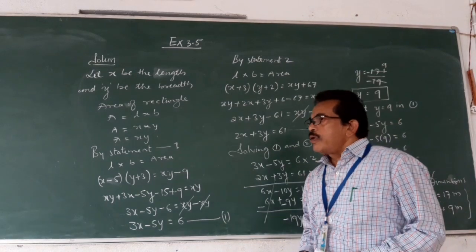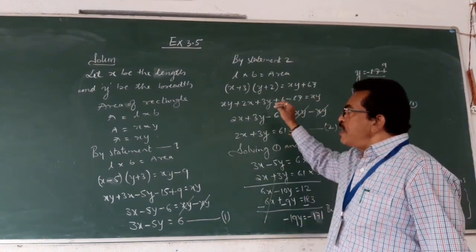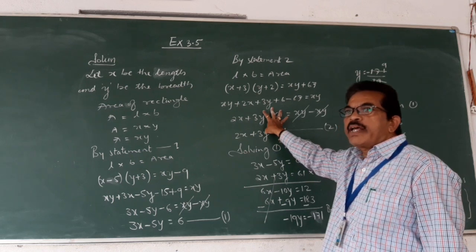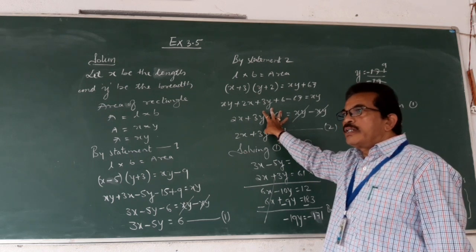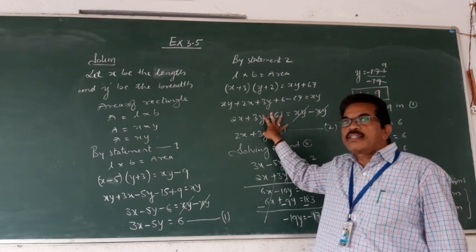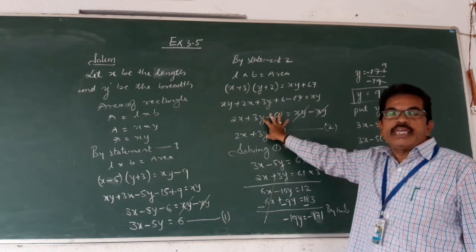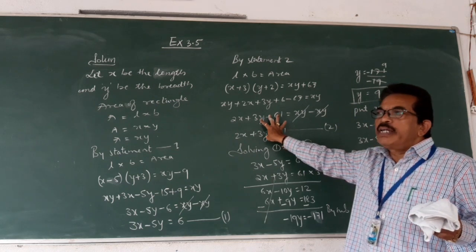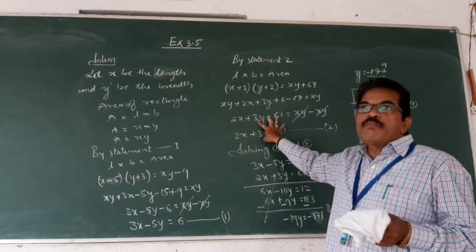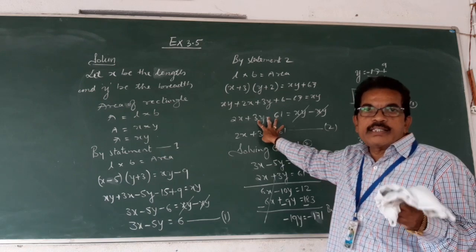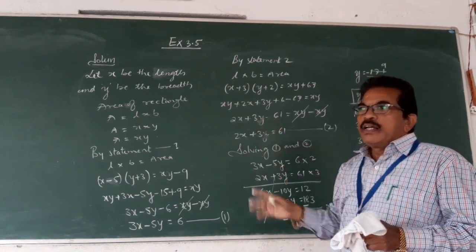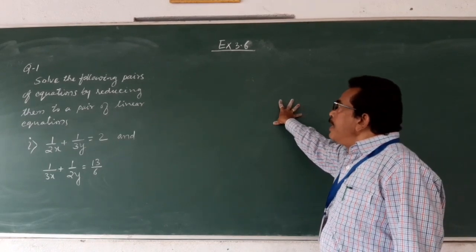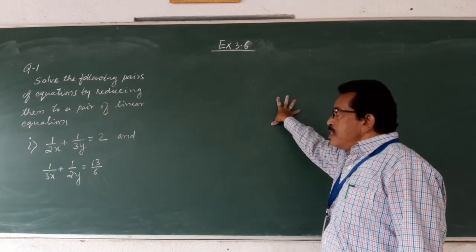See, we have completed exercise 3.5. Yesterday I told you that the chapter's exercises were completed, but the number of exercises was misjudged by me. So one more exercise is there. I will complete that also. Now let us begin exercise 3.6. This is the new exercise of pair of linear equations.